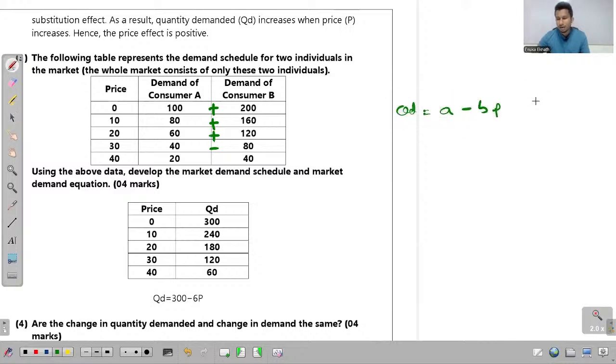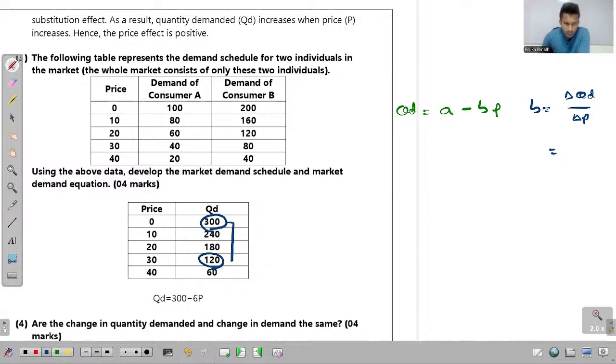So B is equal to delta QD divided by delta P. So delta QD is the difference between any two QD values. So let me just pick randomly. Let me pick this value and then this value.